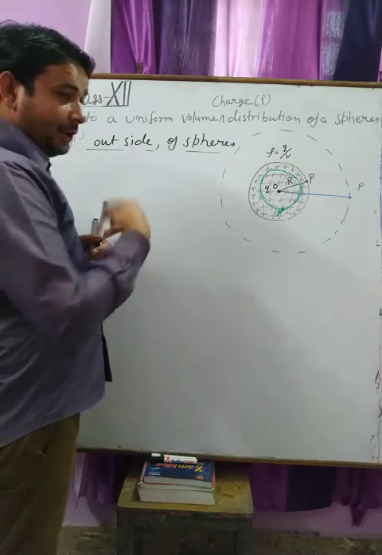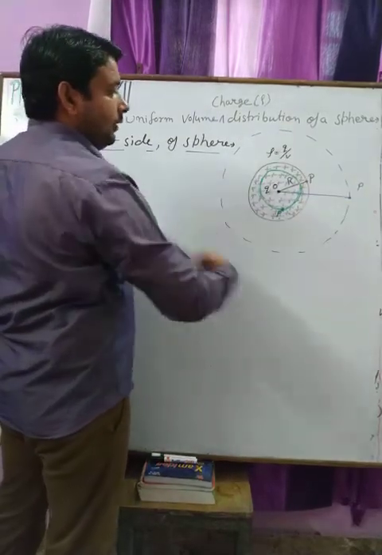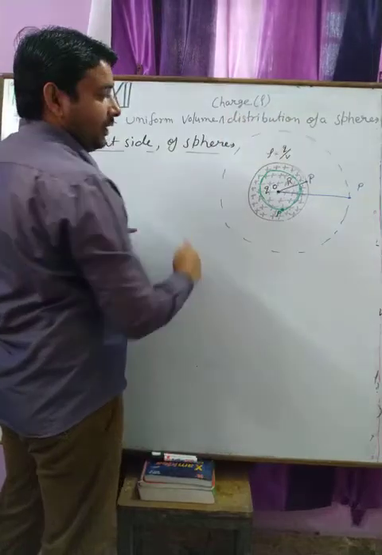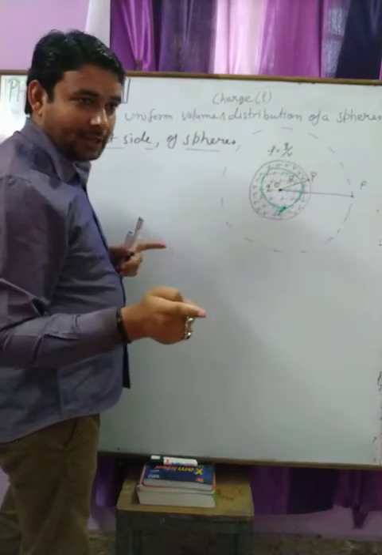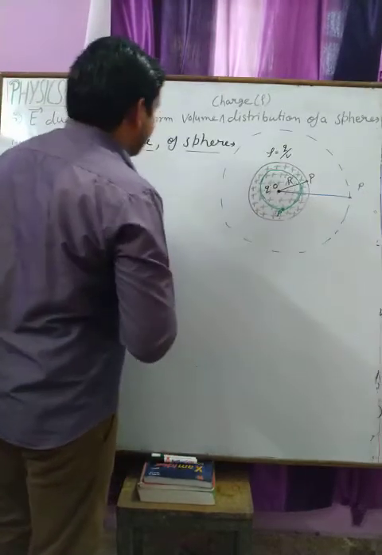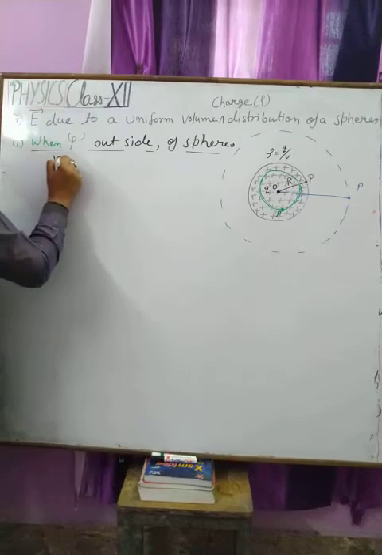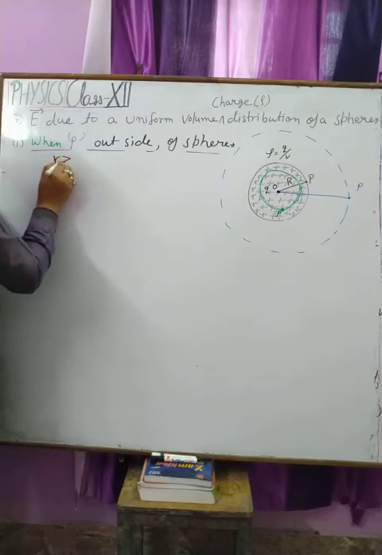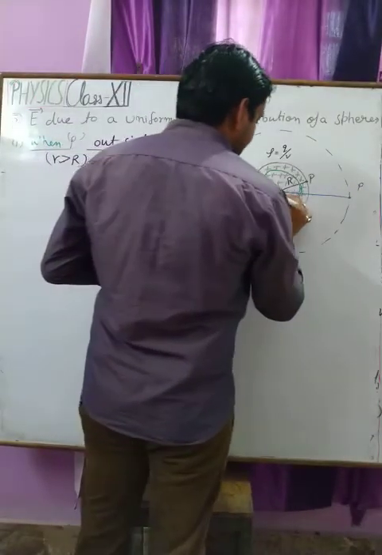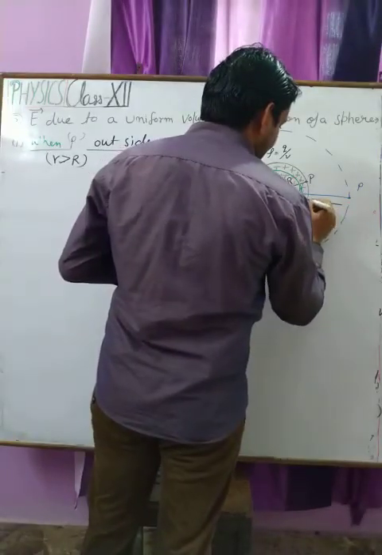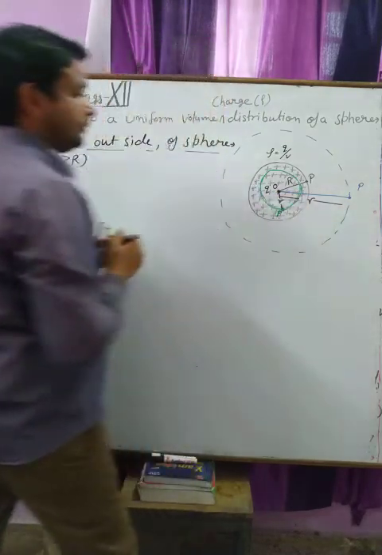So the value of electric field at all points on the imaginary Gaussian surface is equal, having angle 0 between electric field and area vector. That is, small r is greater than capital R. We are writing this. This is small r, and for this case, this is small r.